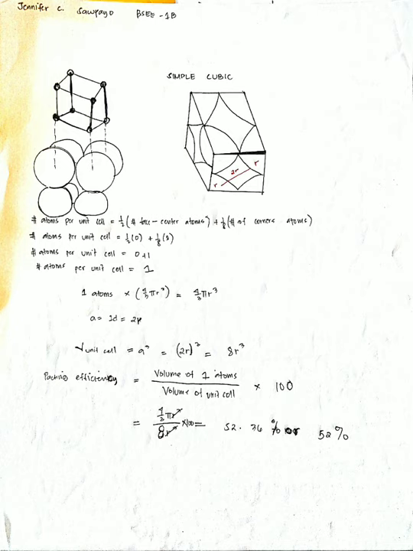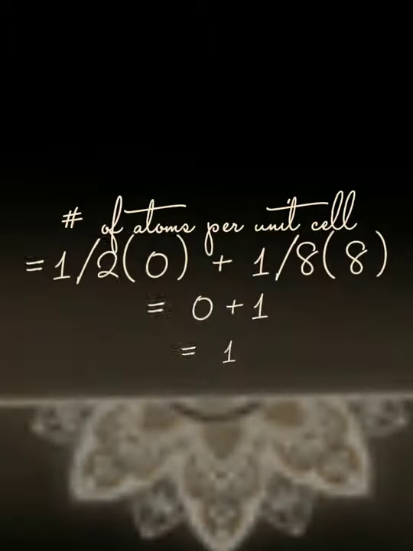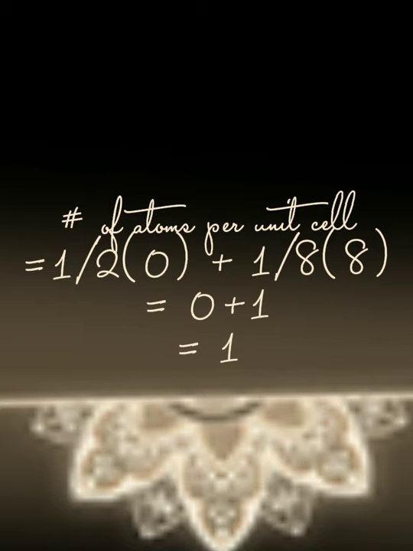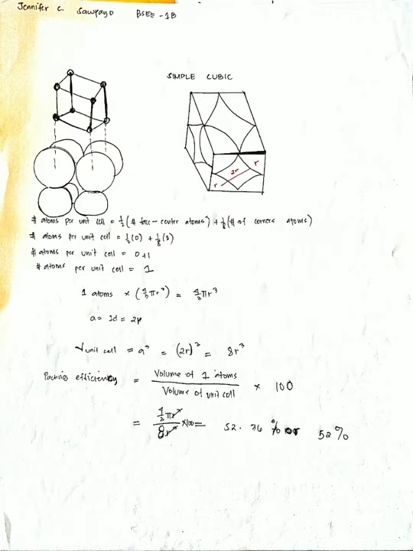By using the formula, 1/2 times 0 is equal to 0, plus 1/8 times 8 is equal to 1, so 0 plus 1 is equal to 1 atom per unit cell. So each unit cell will contain 1 complete atom.